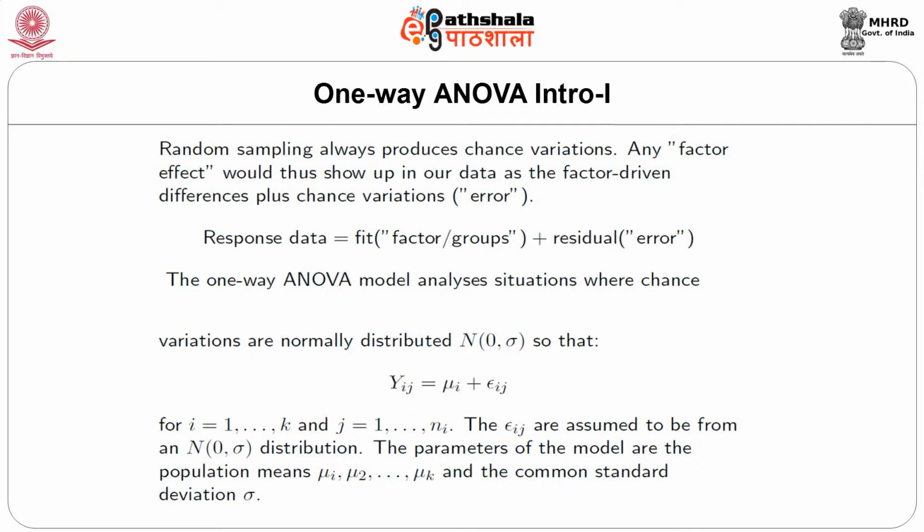The one-way ANOVA model analyzes situations where chance variations are normally distributed N(0, sigma), so that Yij equal to mu i plus epsilon ij for i equal to 1 to k and j equal to 1 to ni. The epsilon ij are assumed to be from a normal (0, sigma) distribution. The parameters of the model are the population means mu1, mu2 up to mu k and the common standard deviation sigma.